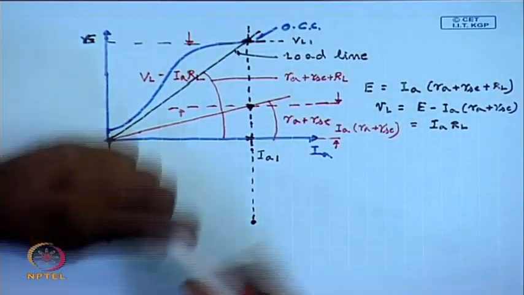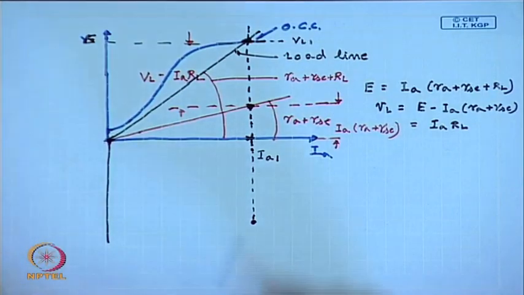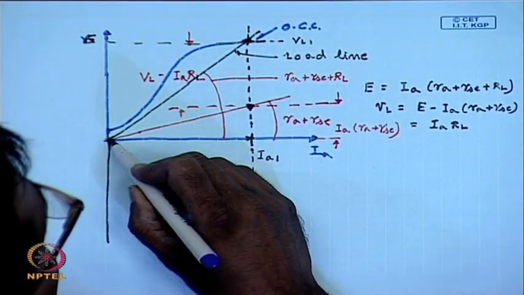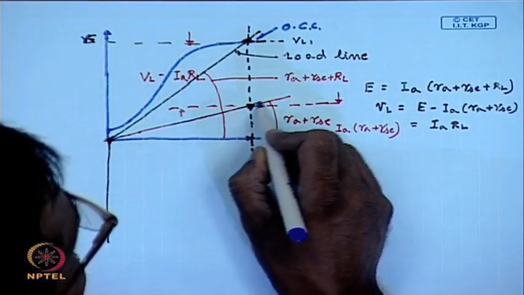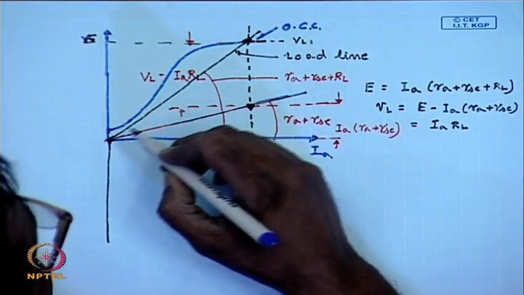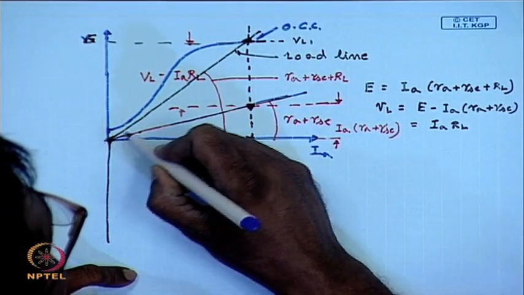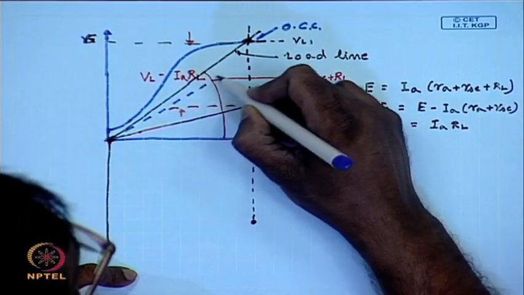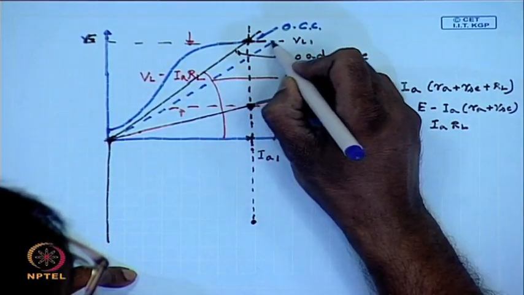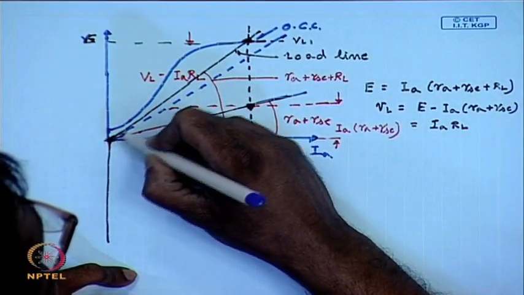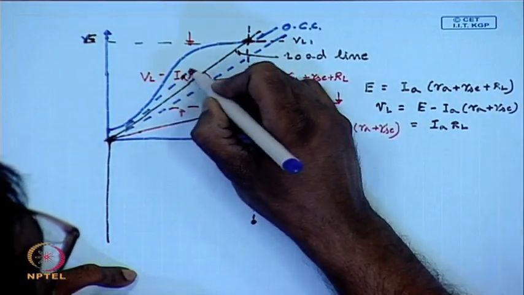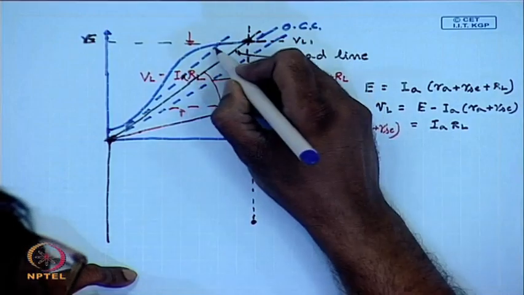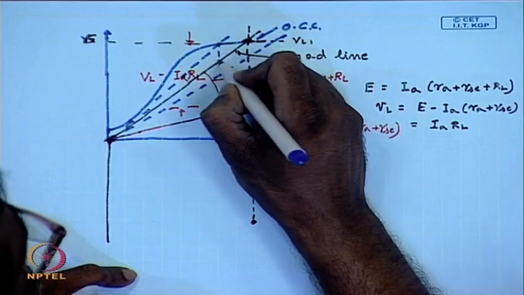So, as the load resistance is changed, this straight line will remain fixed, but we will have different load lines which will intersect the OCC at different points.